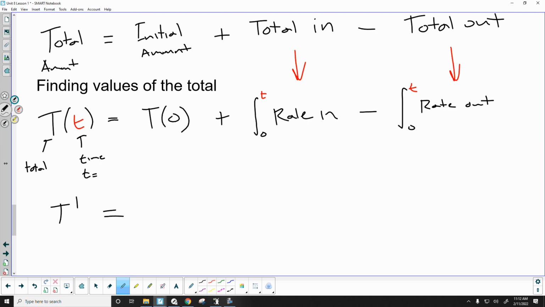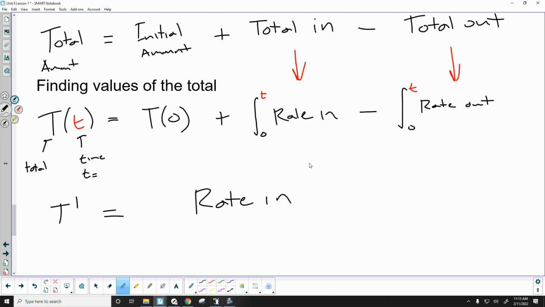Now, this is new and we're doing more of this next class. What's the derivative of this integral? The integral means antiderivative. If I take a derivative of an antiderivative, doesn't the derivative and the antiderivative just disappear? Yeah, exactly. So there's one of my velocities, my velocity in.